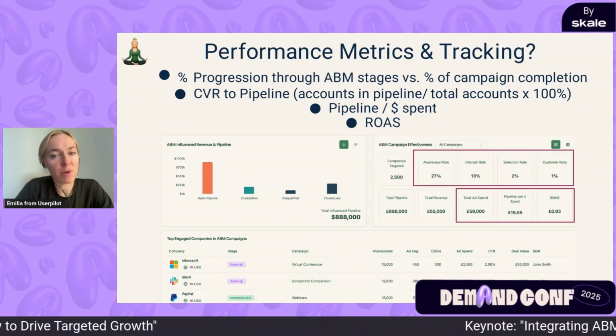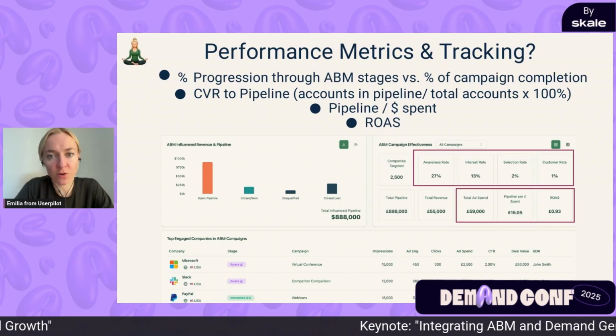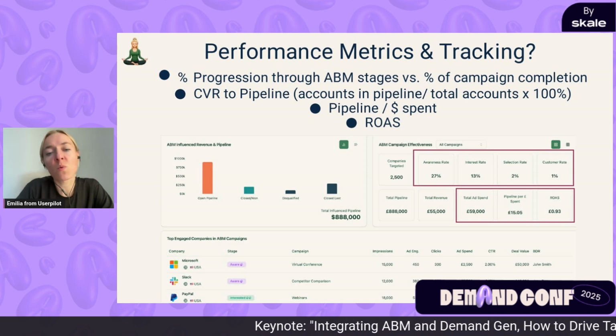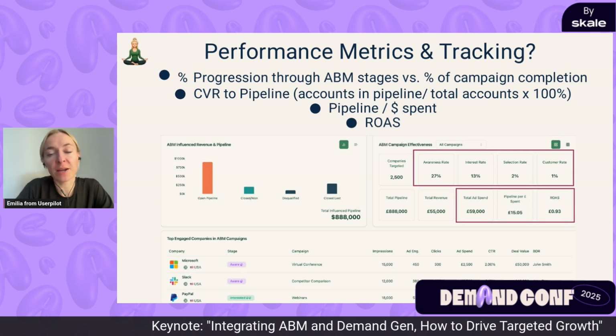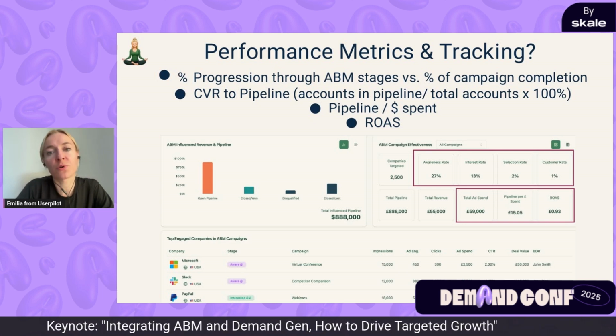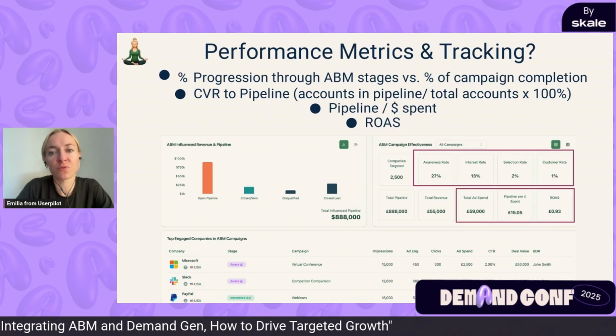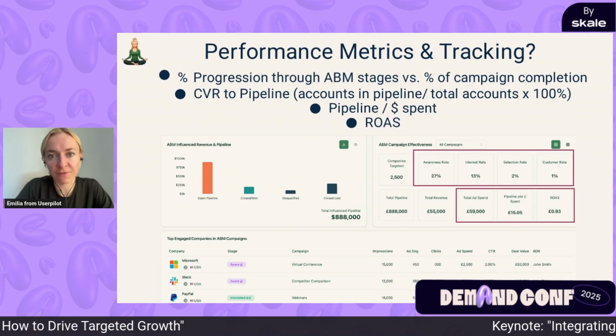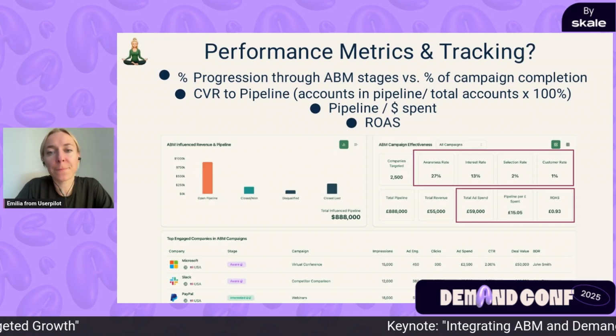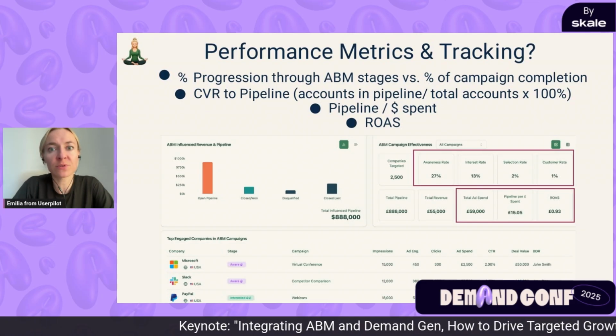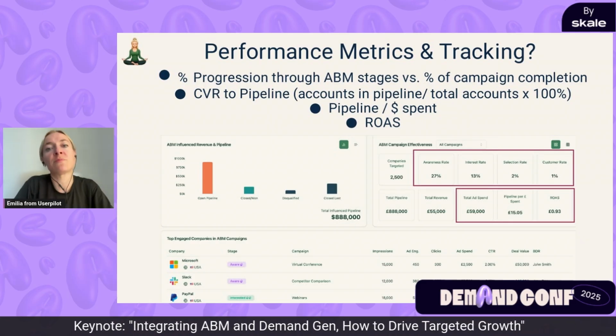So based on what I mentioned before in terms of setting goals, you need to know what kind of pipeline you need to generate with your qualification rates and with your conversion rate to closed won in order to hit your revenue targets. So based on that, you also know how much budget you have to spend on your specific ABM campaigns.